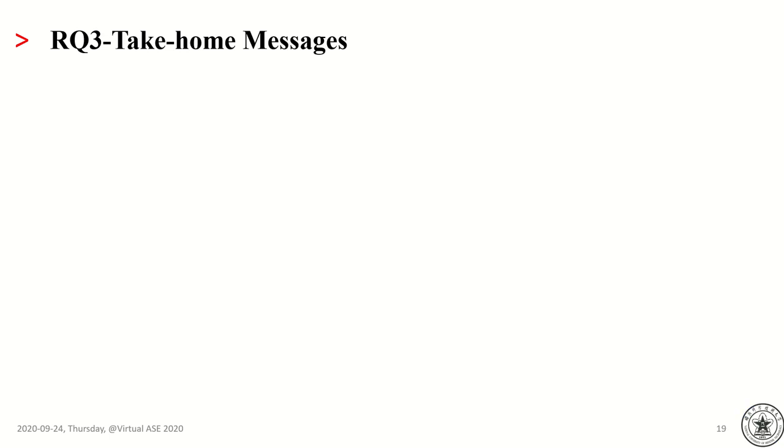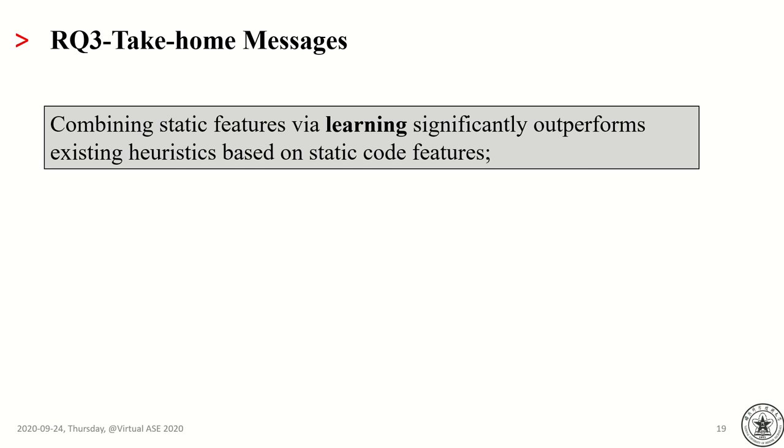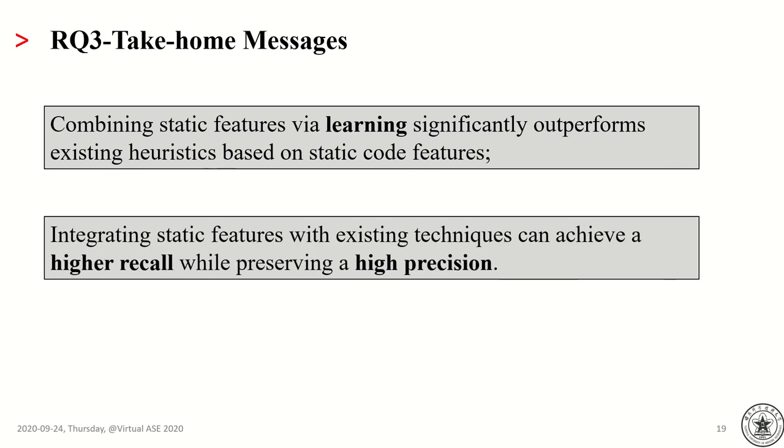We can conclude that combining static features via learning significantly outperforms existing heuristics based on static code features, and integrating static features with existing techniques can achieve a higher recall while preserving a high precision.